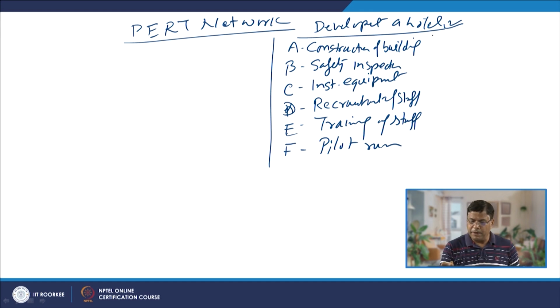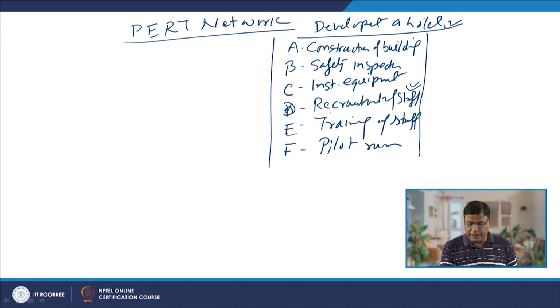But what will be the sequence, and is there any dependency of one activity on another? A building can be inspected only if it is constructed. So we cannot start with the safety inspection; first we need to see that the building is constructed. Likewise, until the building is constructed, there cannot be installation of the equipment. We cannot train the people unless the manpower is recruited or the staff is hired.